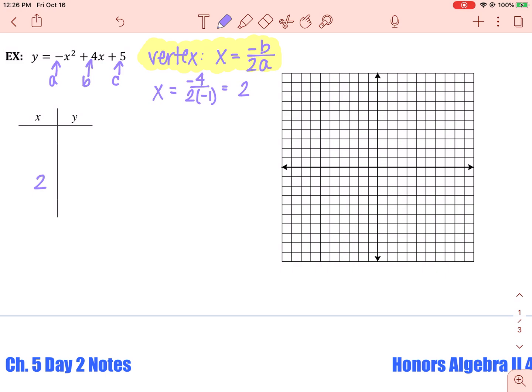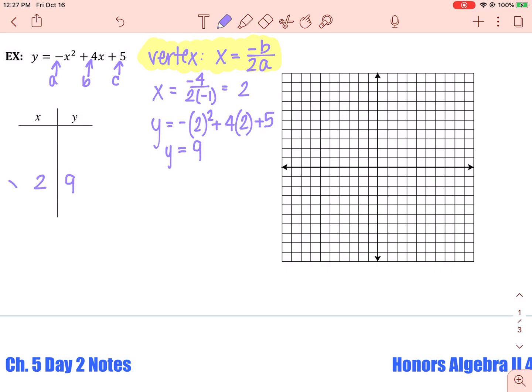I need to find the corresponding y, which means just plug that x into the original equation. Instead of putting x, put the value that you found. I'm trying to find the y value when x is 2. So you get -4 plus 8 plus 5, you would get 9. That right there is my vertex point.